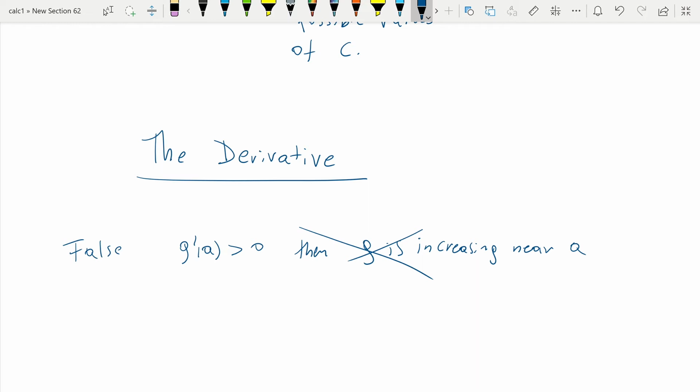There are examples constructed explicitly in the book involving, say, x over 2 and x times sine of 1 over x. That function is differentiable at every point, and it's positive at the origin. However, it's not increasing nor decreasing in any neighborhood containing the origin.